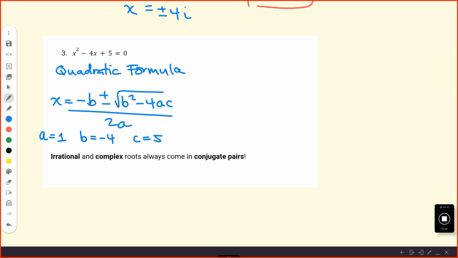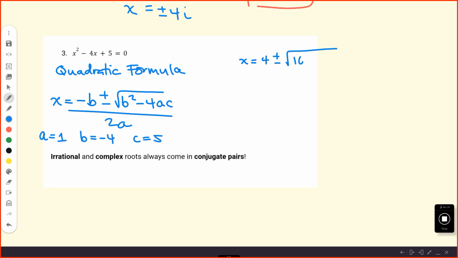Again, we should have 2 zeros here. That's why it's plus and minus. So let's do x equals the negative of -4, because your b is -4, and with the negative sign there, it's going to be +4. Plus minus the square root of, we'll simplify this. What is -4 squared?